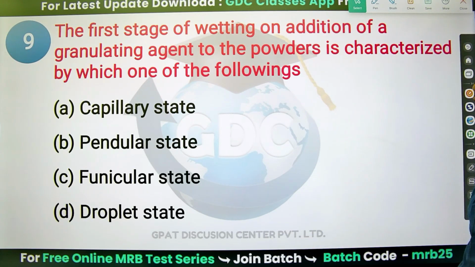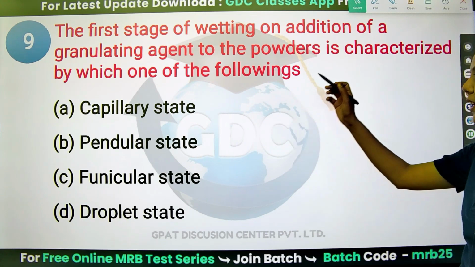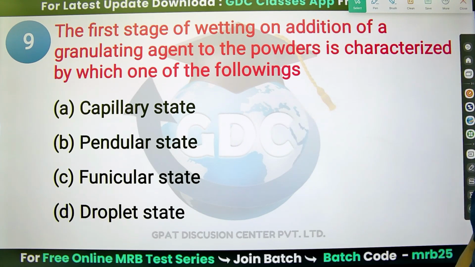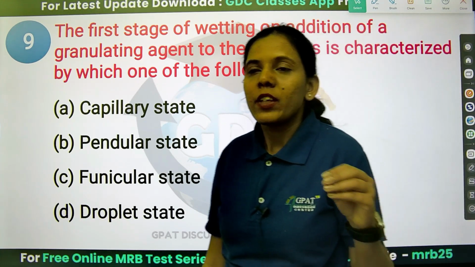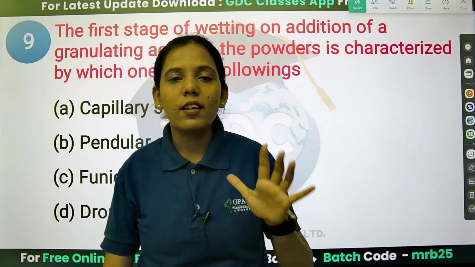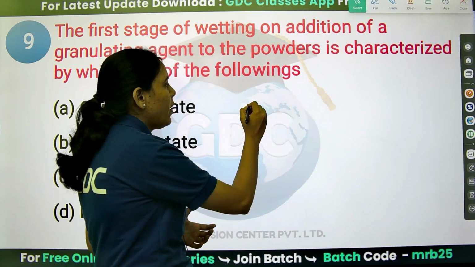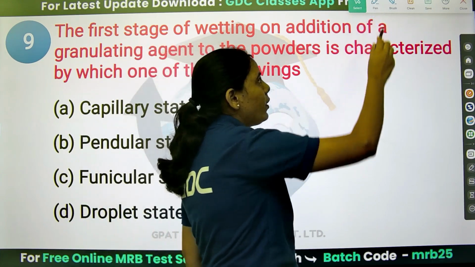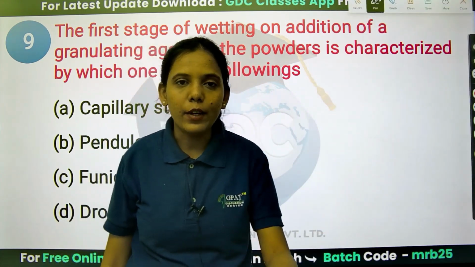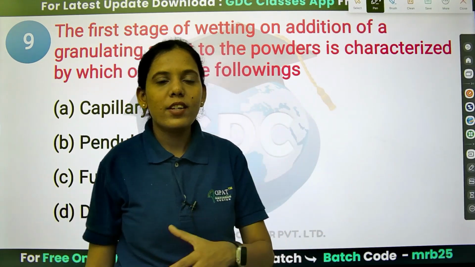The first stage of wetting on addition of granulating agent to the powders is characterized by which of the following? We have discussed in the class that whenever granules are forming, initially individual particles are there. Afterwards, as soon as you add the granulating fluid, the stages will happen.